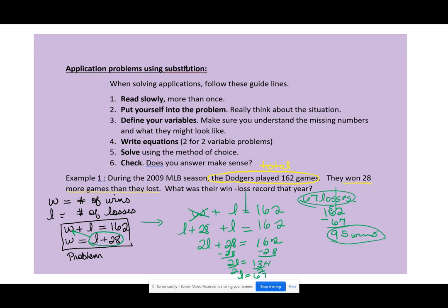I think so: 67 plus 95, yeah, that does. Now the question was, what was their win-loss record? The wins were 95 and the losses were 67, so that's my answer. It was a 95-67 record. That's a winning season, which is what we knew it was going to be. Think it through. We'll try another one in a little while.